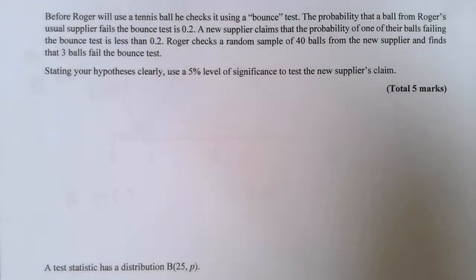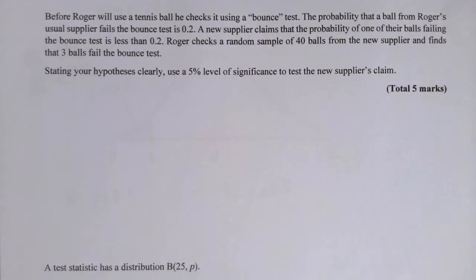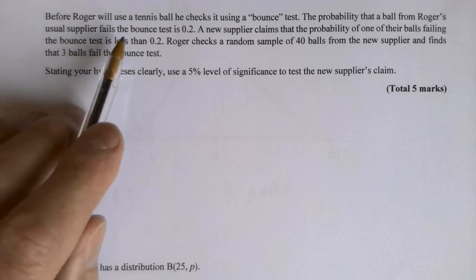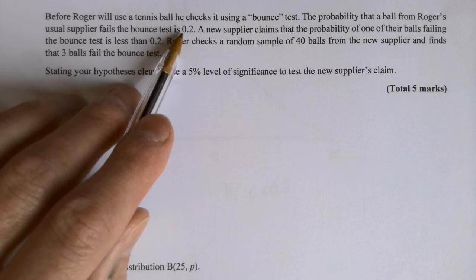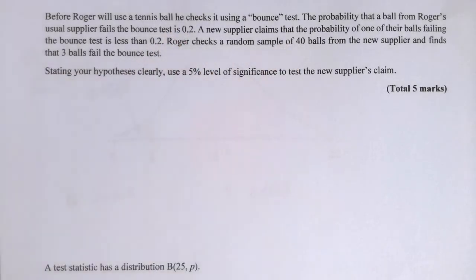Remember, the null hypothesis is the commonly held belief. And the commonly held belief is that when Roger does his ball bounce test, the probability of it failing is 0.2. So that's what we expect. We expect a ball to fail this test 1/5 of the time. And he's checking 40 balls.